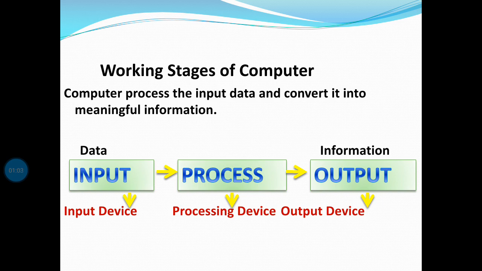Working stages of a computer. There are three working stages of a computer. First is called input, second is process and third is output.